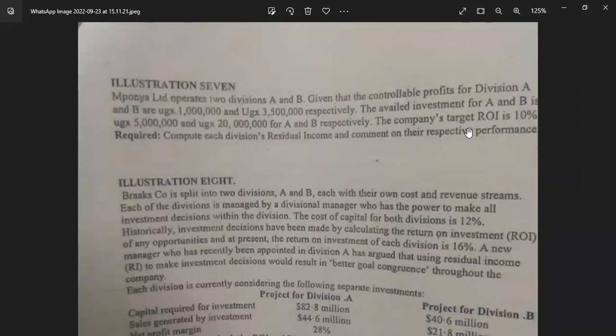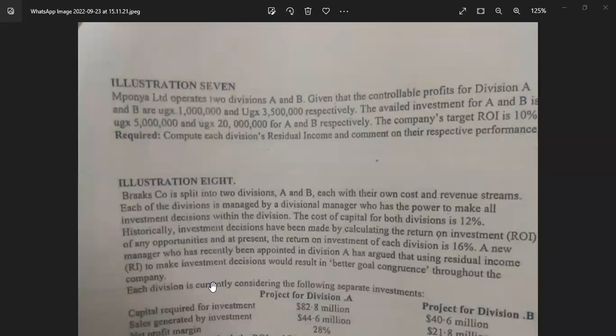The company's target return on investment is 10%, and they want you to compute residual income and comment on the respective performance. In this case, I think the cost of capital would be the return on investment. So let's do question 1, A first, then B.